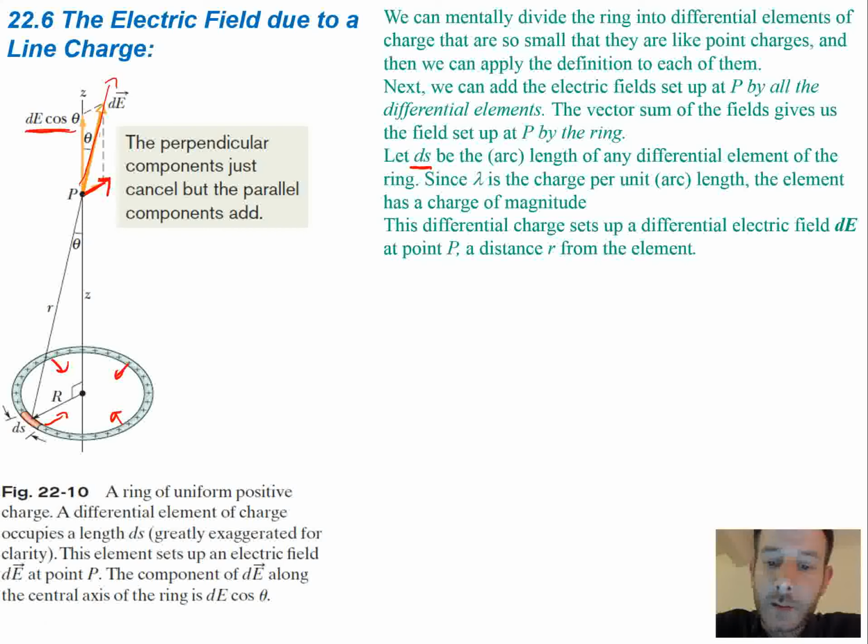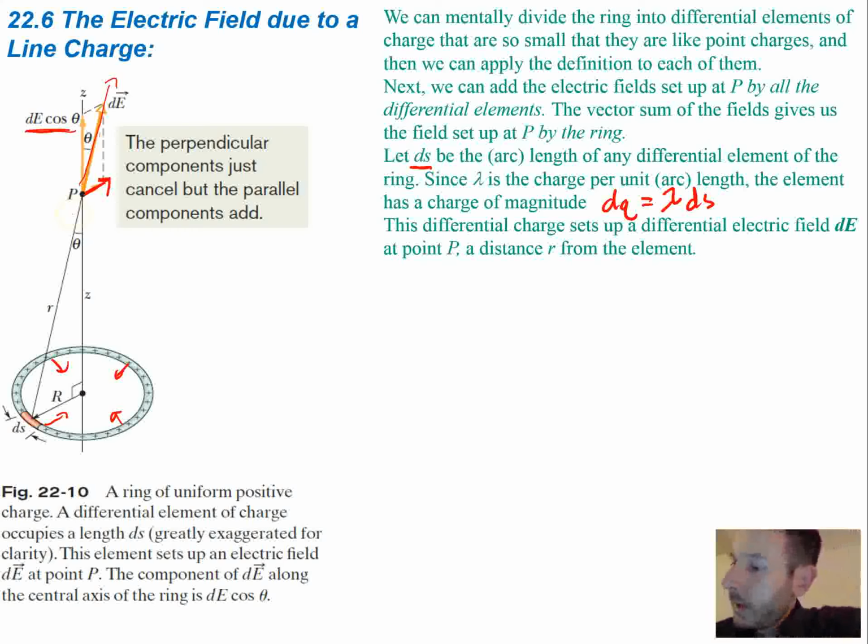So dq is equal to lambda ds. This differential charge sets up a differential electric field, dE, at point P, a distance r away from the element. So r is our distance from the element directly to P, which is shown there.